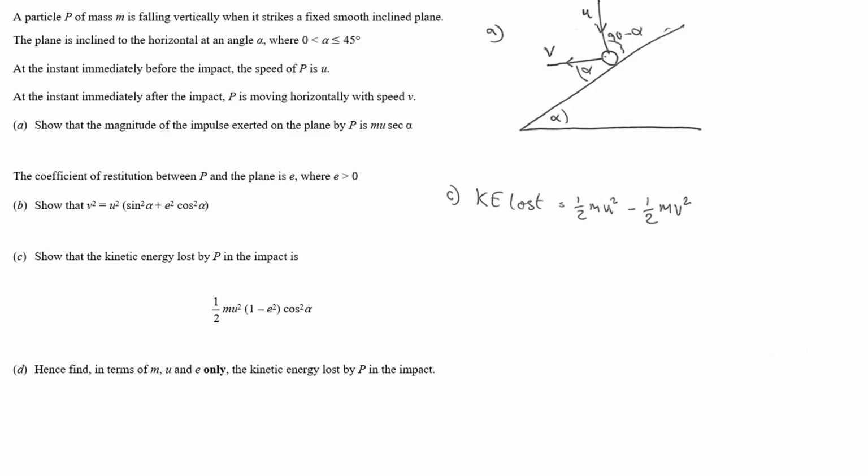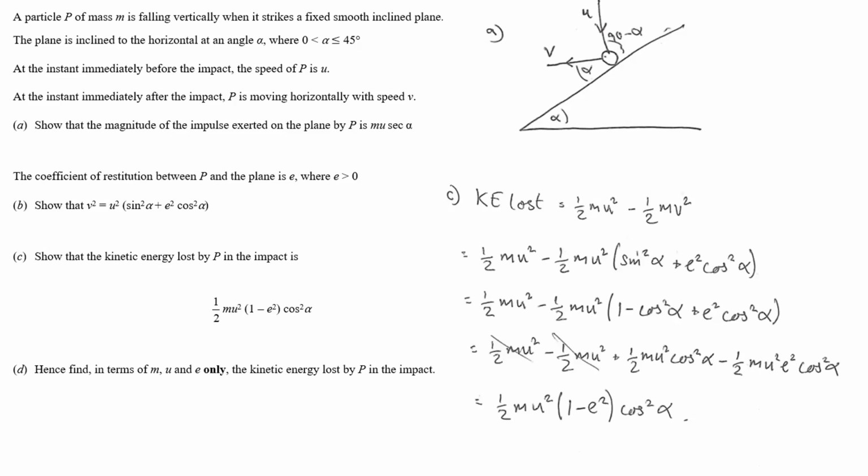C, it says show that the kinetic energy lost by P in the impact is that. Now the kinetic energy, right, we don't need to worry about the angles. It's just a scalar quantity. So it's going to be half mu squared take away half mv squared.